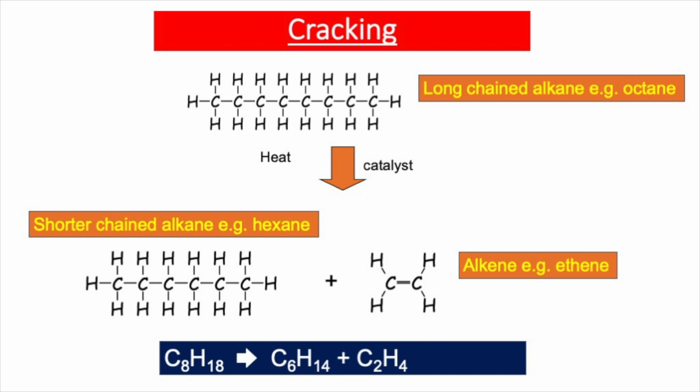So if I have 8 carbons on the left-hand side, my right-hand side must add up to 8. So C6H14, C2H4, 6 plus 2 equals 8 carbons. And my hydrogens are also balanced. I have 18 on the left and I have 18 on the right.